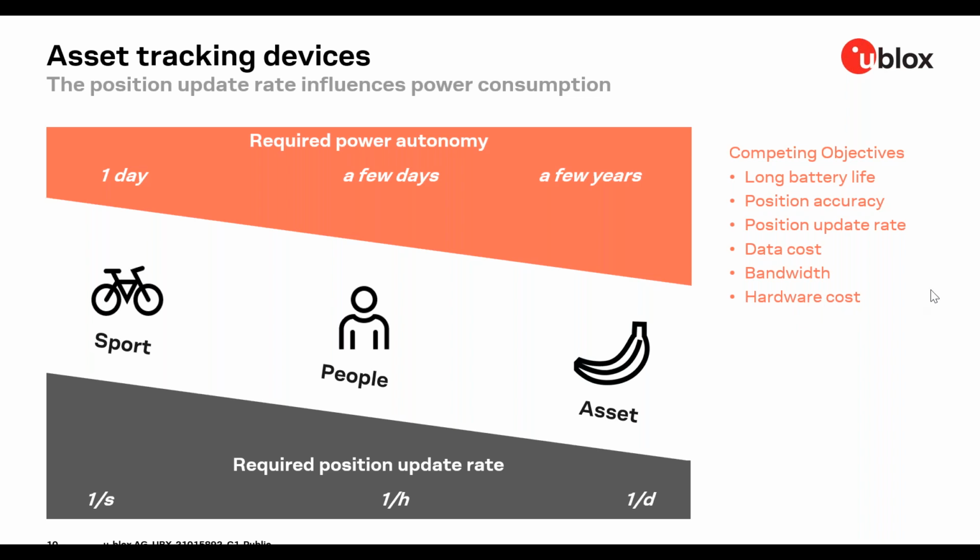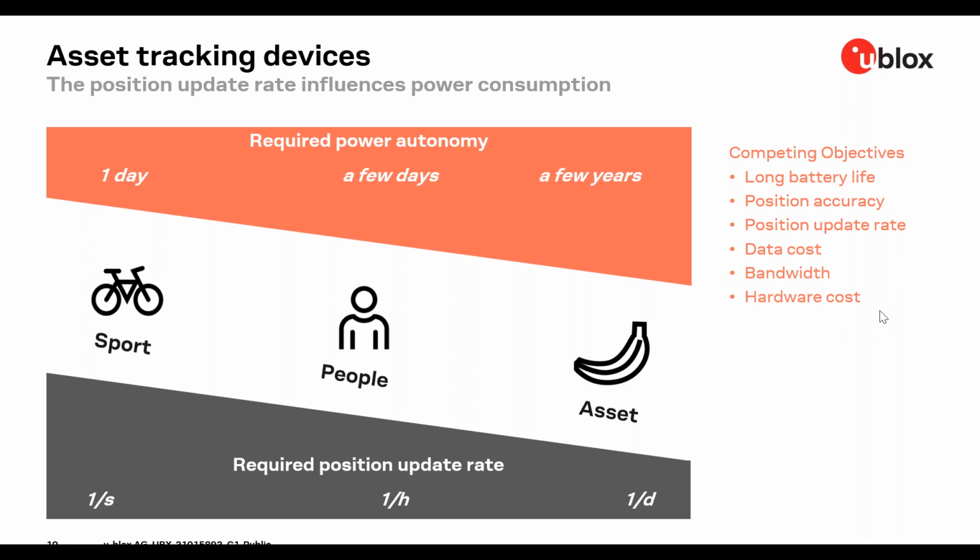Well, if you look into the traditional asset tracking, you can see on the left side that there are some use cases like sport, where very frequent updates are needed and where you expect a battery life to last 1 day or a bit more.